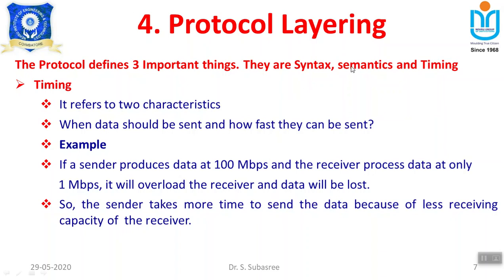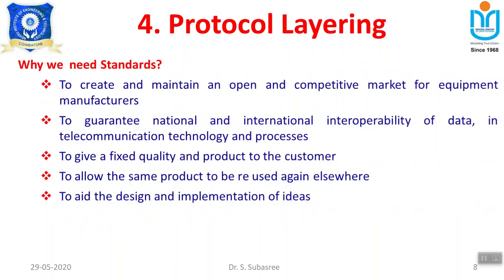Semantic is nothing but the interpretation. And the third one is timing, that is how fast and when we want to send the data. So for doing all these things, we know very well protocol is nothing but rules and regulations, and we have discussed the three key important elements that are needed for defining a protocol.